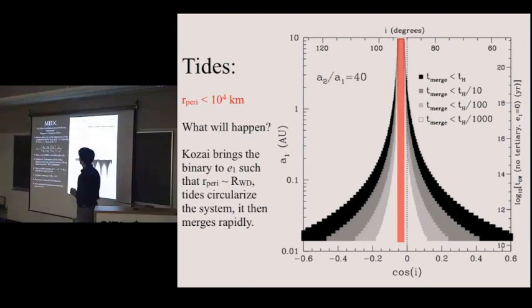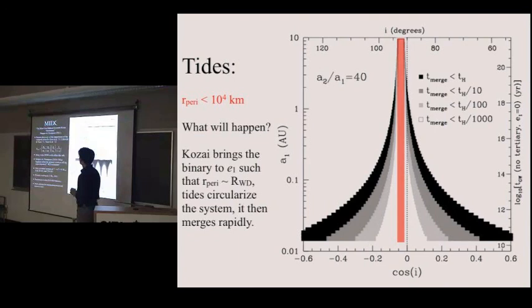Recently, Boaz Katz and collaborators, Lithwick and Nose et al., showed that when you expand the three-body Hamiltonian to octupole order, not to quadrupole order, in your secular equations, those god-awful things I showed you from Blaes and Socrates, the whole dynamics can totally change.